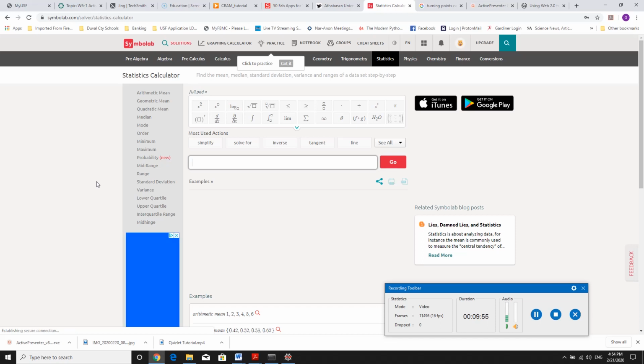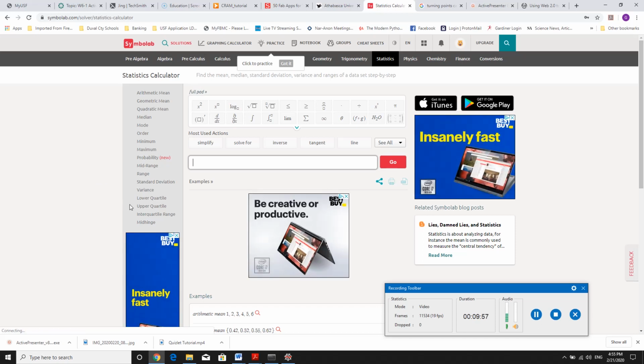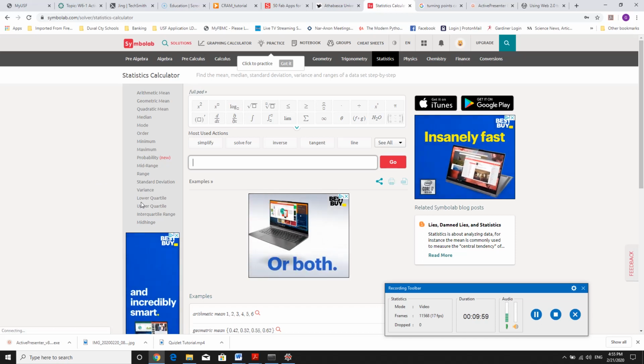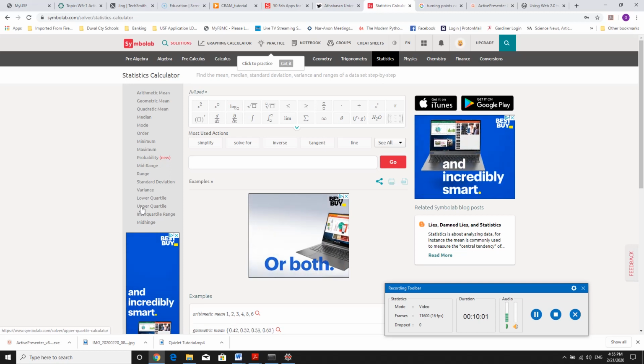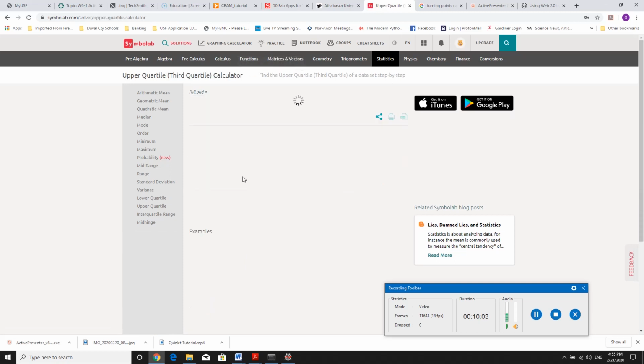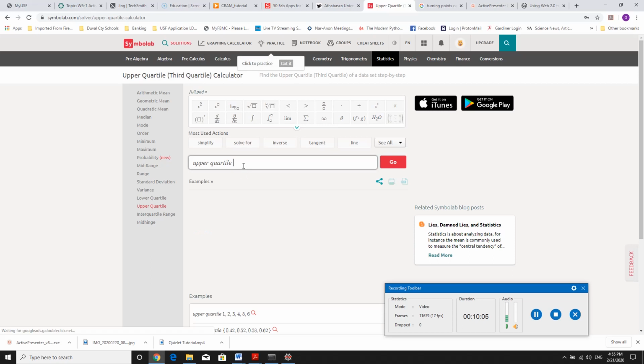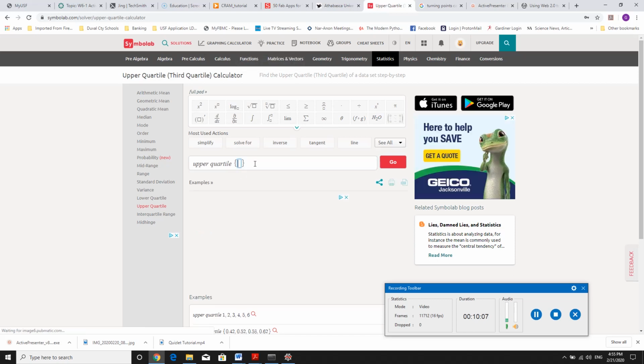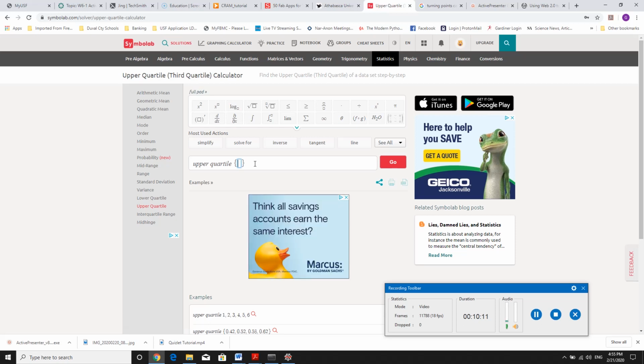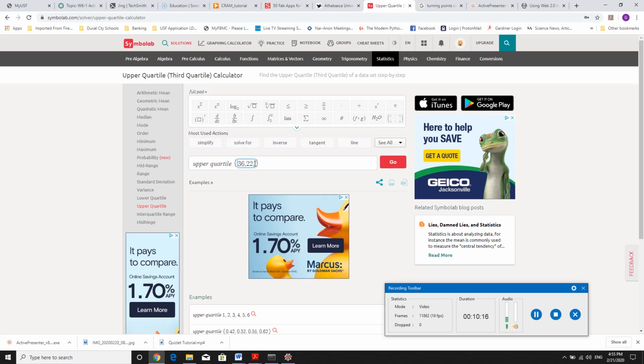Say if you wanted to find the upper quartile of a range of test scores, you're able to do that. Just select upper quartile, and you would just enter the test scores, and you can enter them in any order, and Symbolab will do all the rest of the work for you.